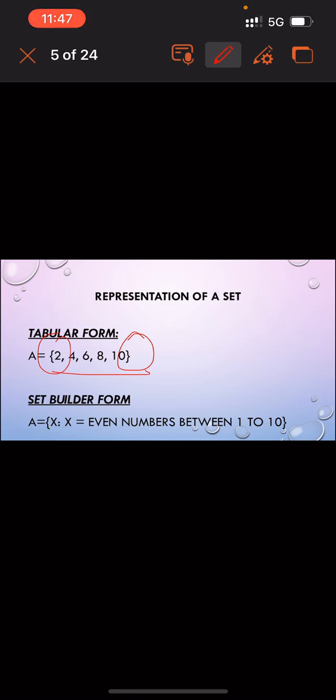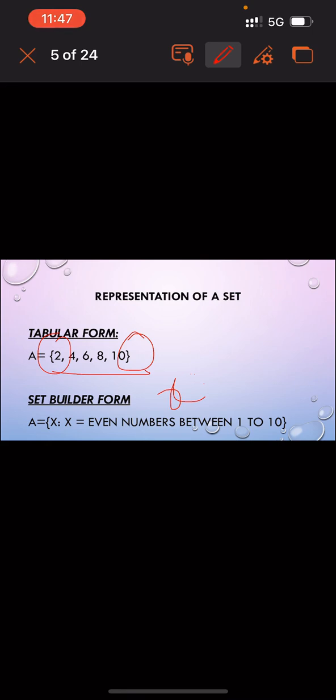The same thing we can represent in set builder form. So the set A is a set of even numbers between 1 to 10. How to represent this in set builder form? X is an element from numbers, and X such that X is an even number between 1 to 10.